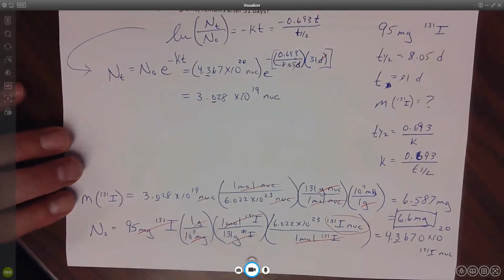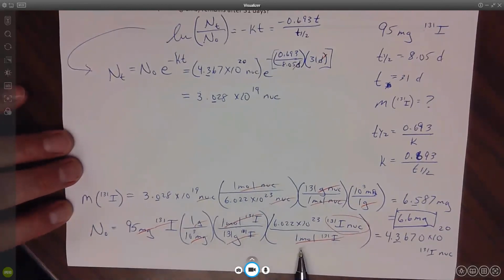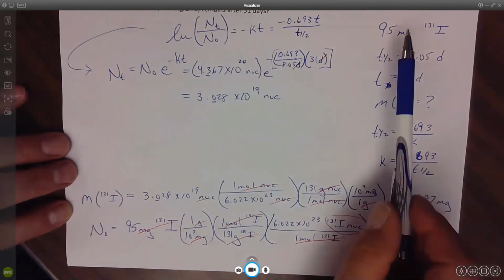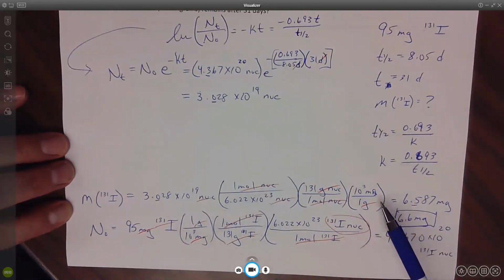Now, I wanted to show you this because depending on what the question asks, you might need to go through this step. But in this particular case, if I'm just going from milligrams to milligrams, look at each one of these steps. They are opposite one another.